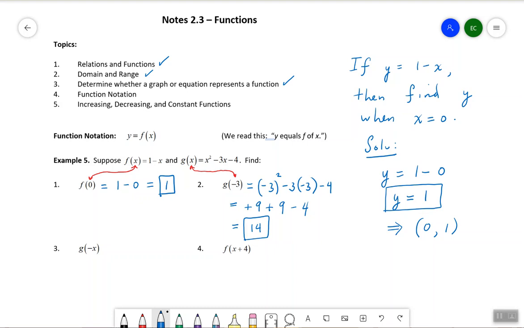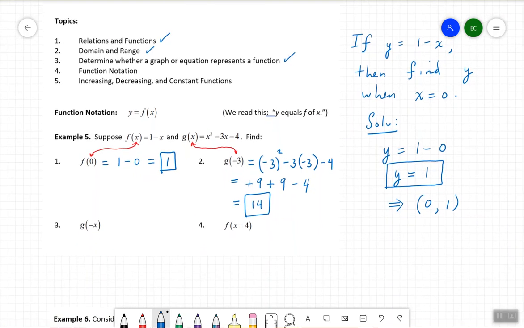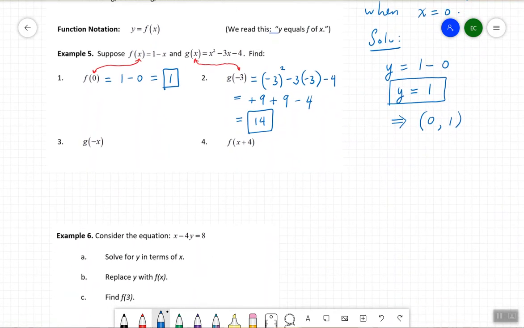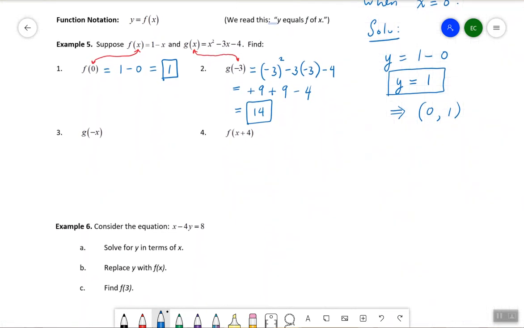Okay, one of the nice things about function notation is that it gives us a convenient way to indicate lots of different inputs besides just a number. So in this case we have g of negative x, and that just means that we're going to replace the x with negative x.